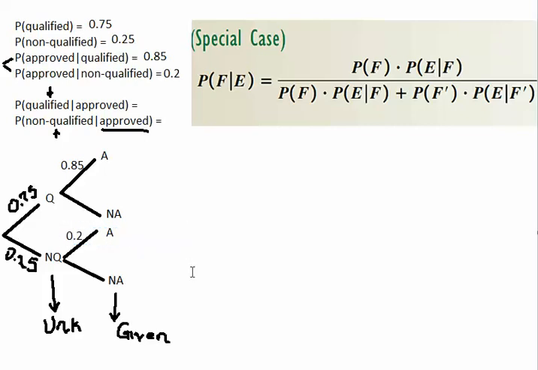So basically what we know, if you look right here, is the first branch and the third branch. For this and for this, we have probabilities.